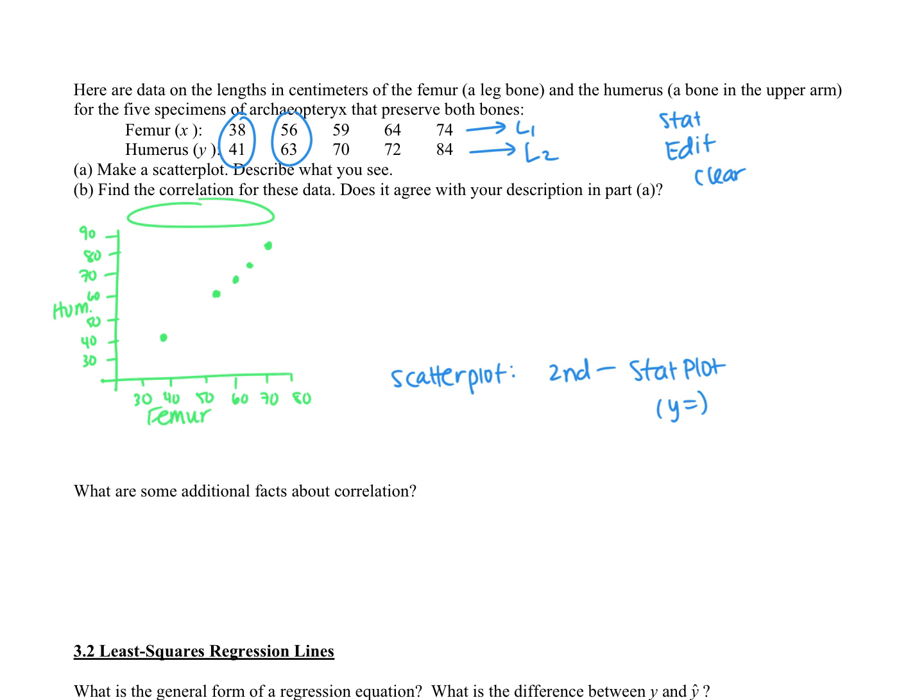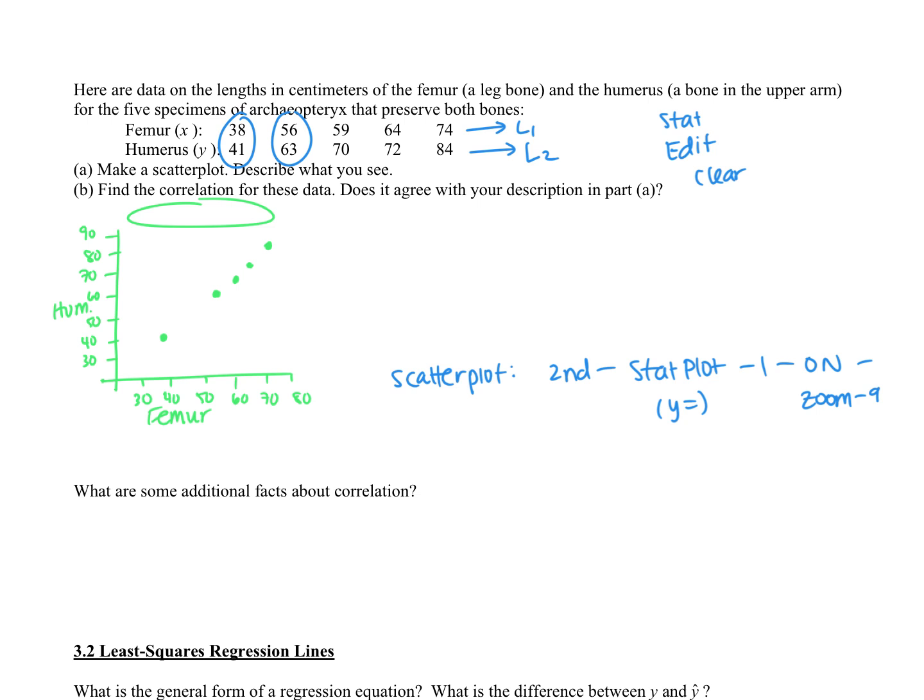Go to 1, turn it on, and then you should see 4 different kinds of graphs under type. You want the first one. That is the scatter plot. It has the dots. Everybody with me still? And then to actually see your scatter plot, you'll go to zoom 9.